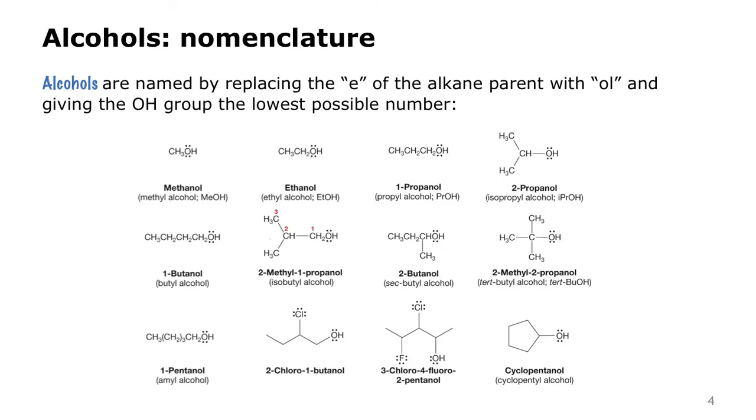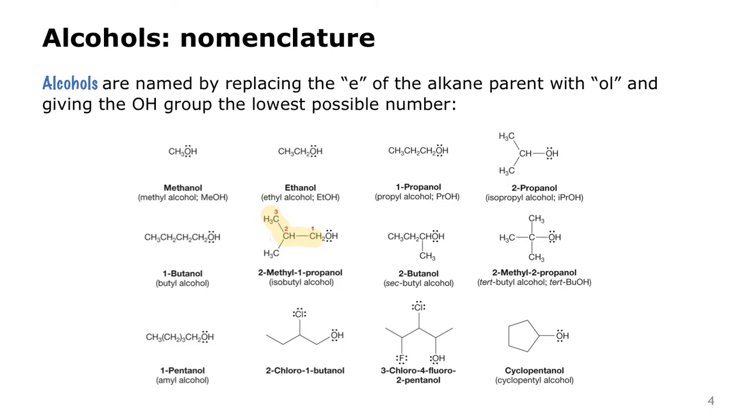So if we look at this example here in the middle of the slide, the longest chain we can find that the hydroxyl group is attached to is 3 carbons. So this is a propane-derived compound.